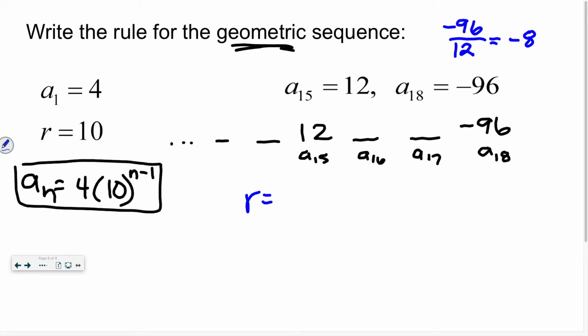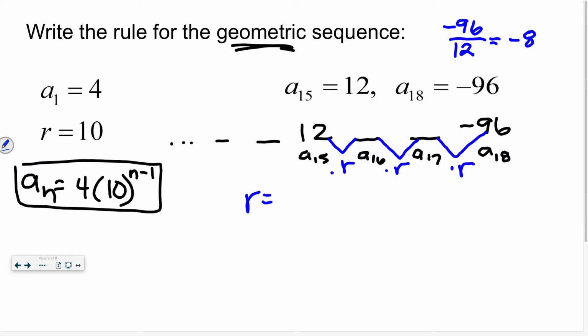Okay, so let's think about this. If you knew the 15th term was 12, and let's say you were just going to the next term, and you knew what the common ratio was, wouldn't you multiply it by R? And then let's say we knew what the 16th term was, so we wanted the 17th term, wouldn't we multiply it by R? And then to get to the 18th term, which we do know is negative 96, wouldn't we multiply that by R again?